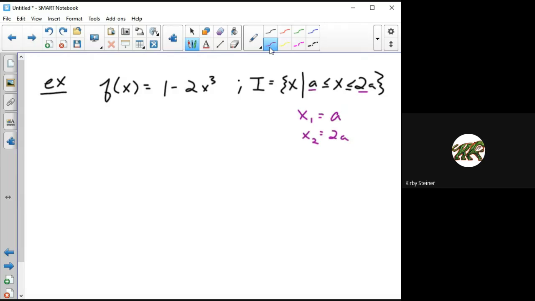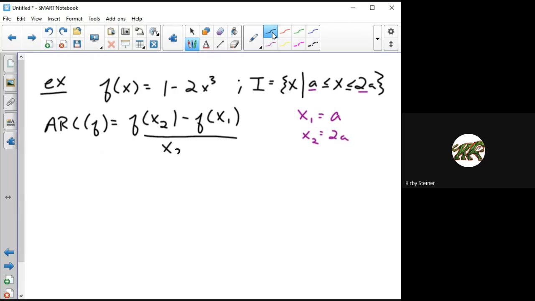Now I'm ready to plug into the function. The average rate of change of f is equal to f of x2 minus f of x1 over x2 minus x1. So here it is f of 2a, since x2 is 2a, minus f of a, over 2a minus a.